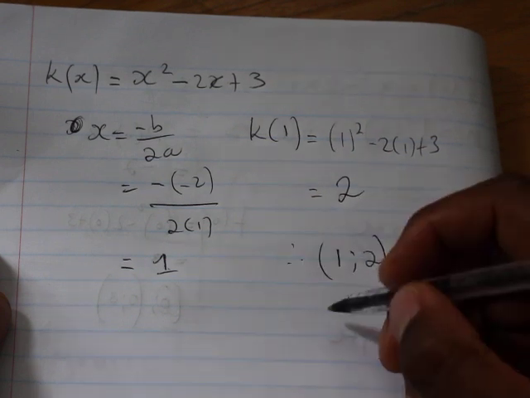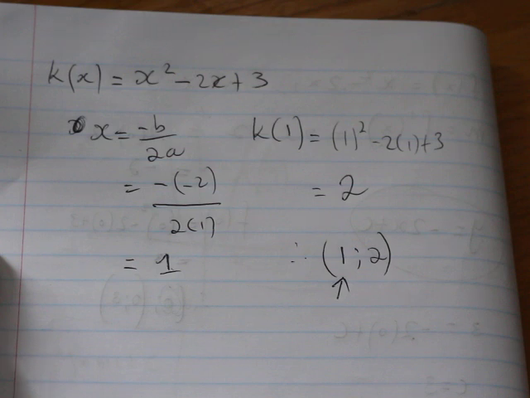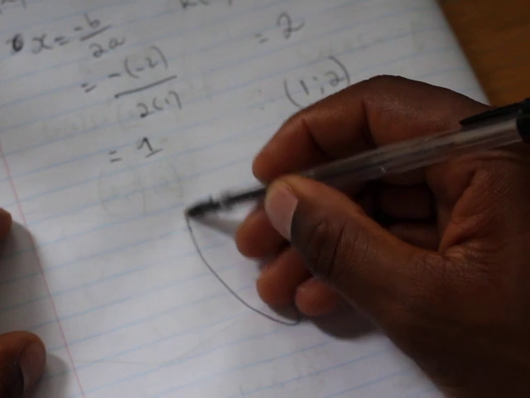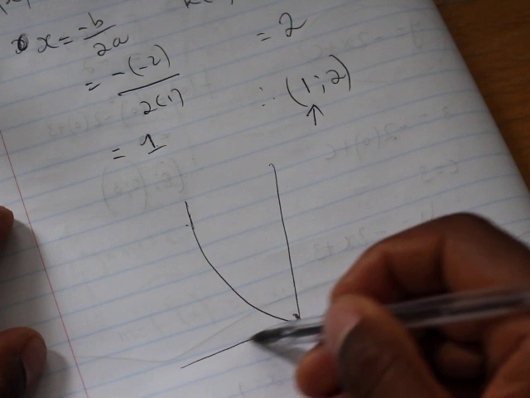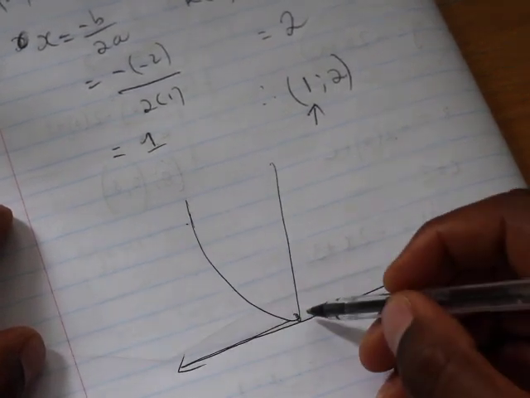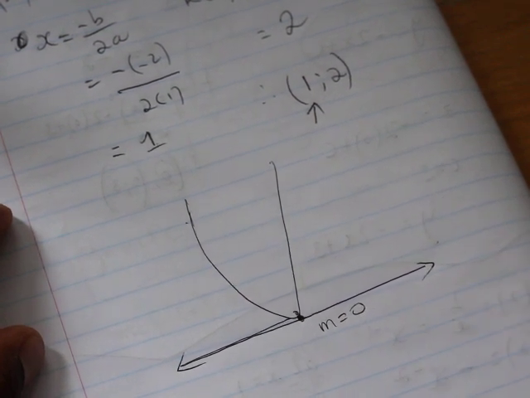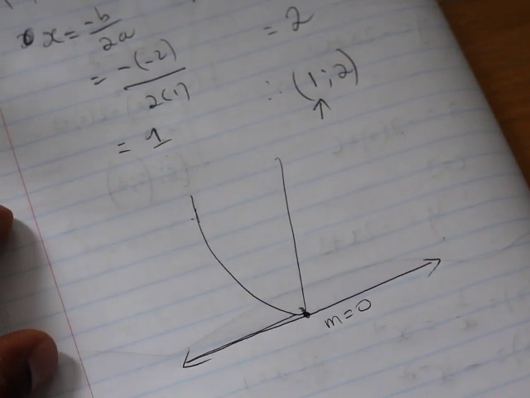Okay, that is our turning point. Now there's also another way of finding the x coordinate of the turning point using the first derivative. So this function looks like this, and this is our turning point, and at our turning point the gradient of the tangent is equal to 0. Do you understand? Why? Because this is a horizontal straight line.